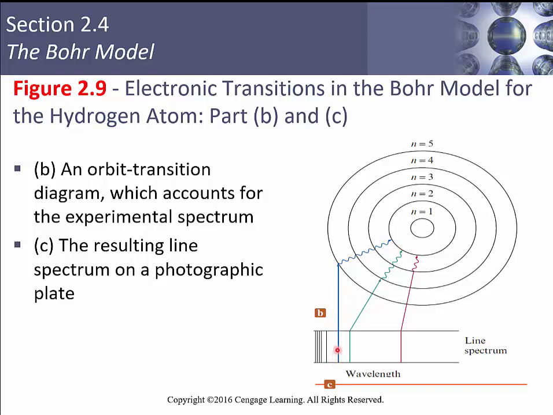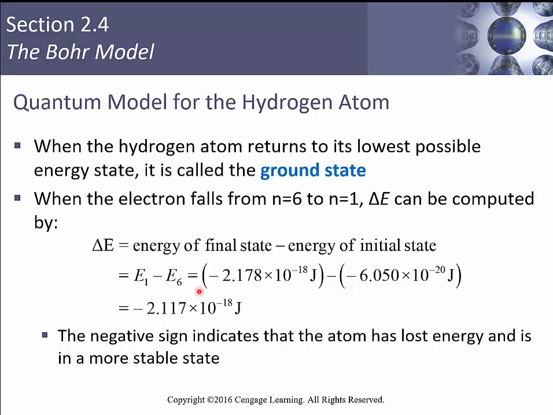You get a transition here, and you get a little bit shorter transition going from 3 to 2, and then a little bit less energy going from 3 to 2, and then this one's 4 to 2, that one's 5 to 2. So you get different amounts of energy, and that's giving us our different line spectra. This is showing the orbital diagram here and the corresponding emission spectrum over here, which you would see on a photographic plate.